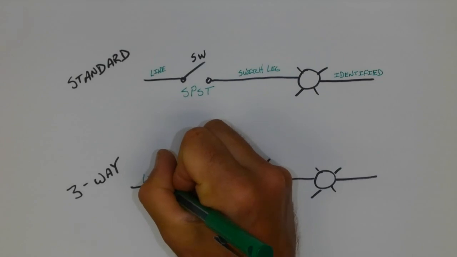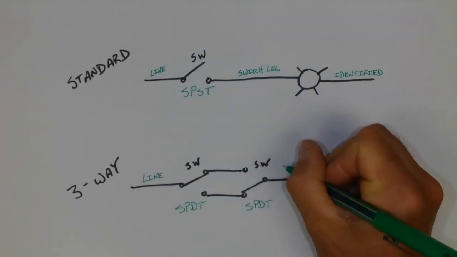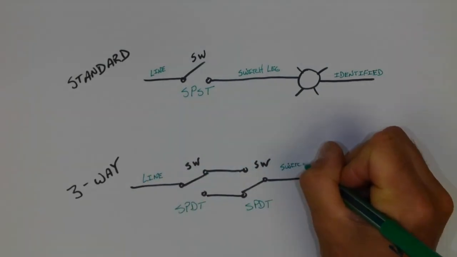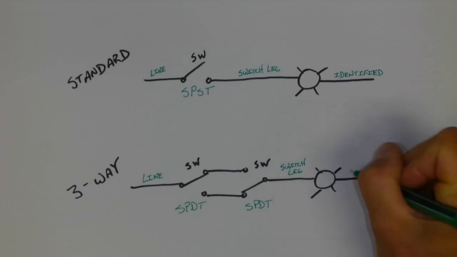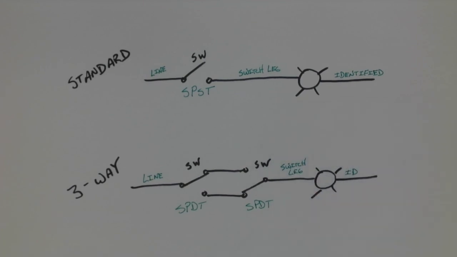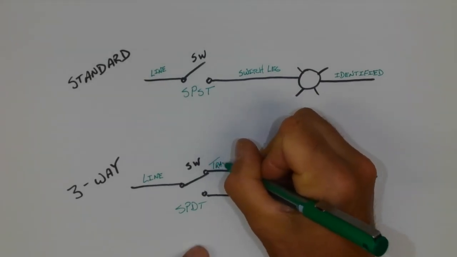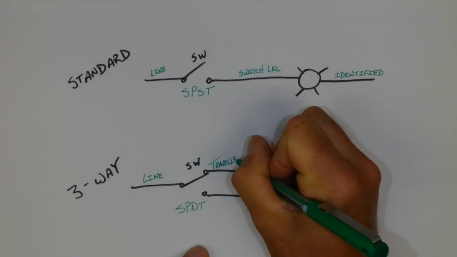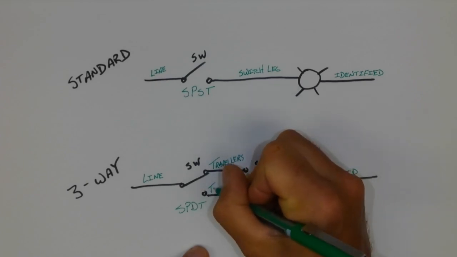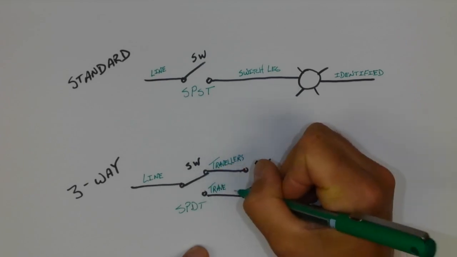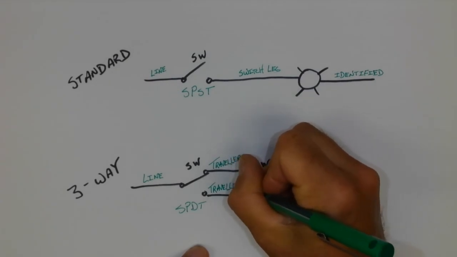We have a line conductor. We have a switch leg, and identified. But in addition to that, we also have travelers. And the travelers are the conductors that terminate from one three-way switch to the next.